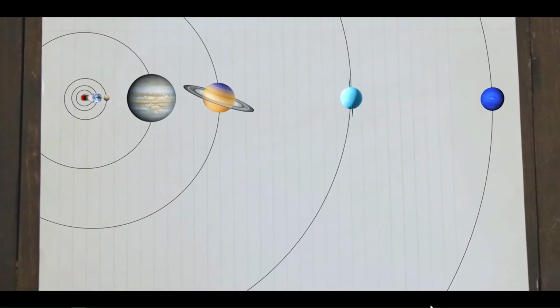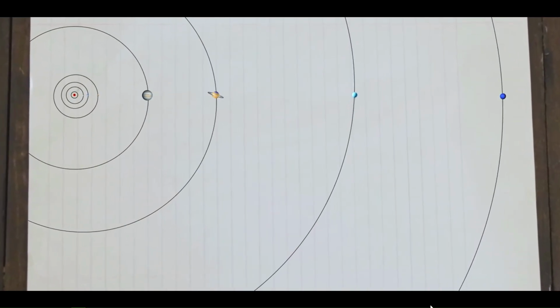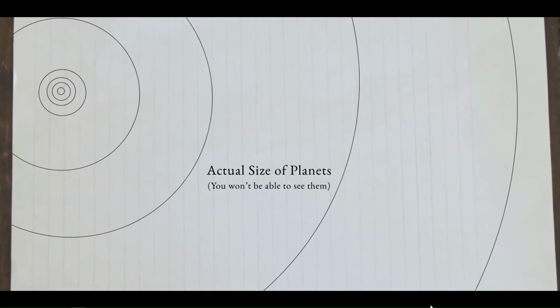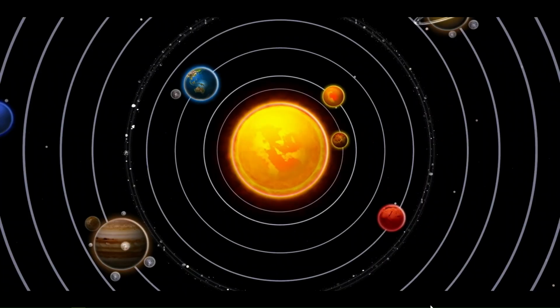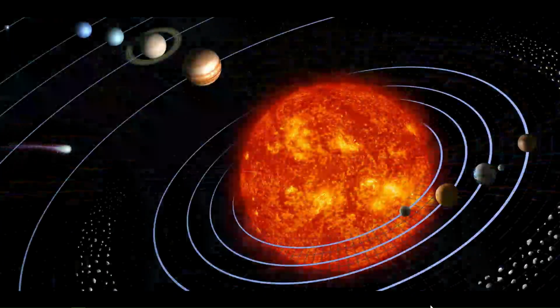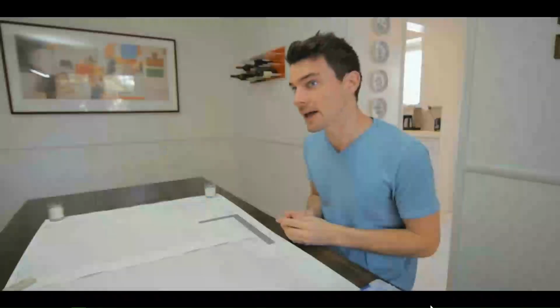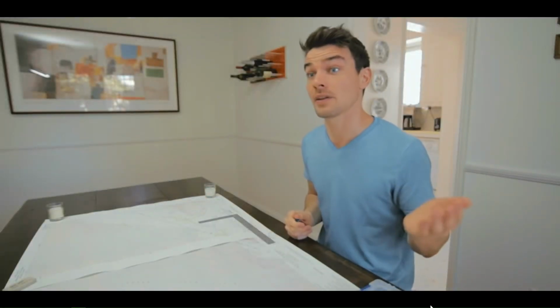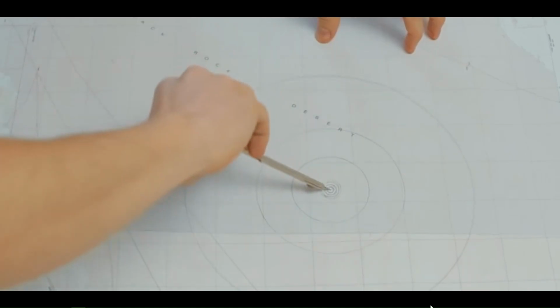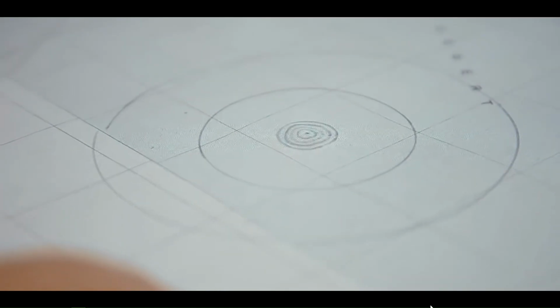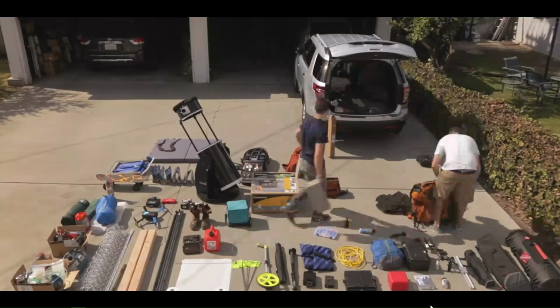If you put the orbits to scale on a piece of paper, the planets become microscopic and you won't be able to see them. There is literally not an image that adequately shows you what it actually looks like from out there. The only way to see a scale model of the solar system is to build one.